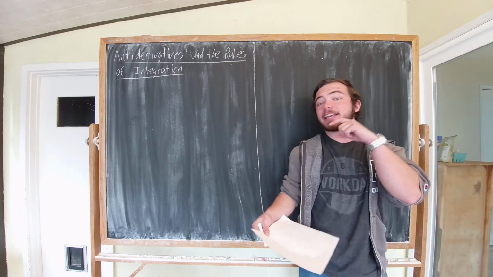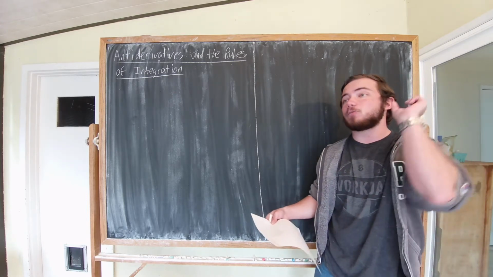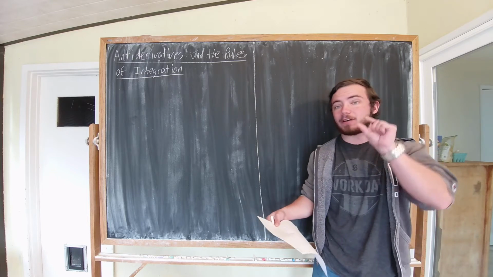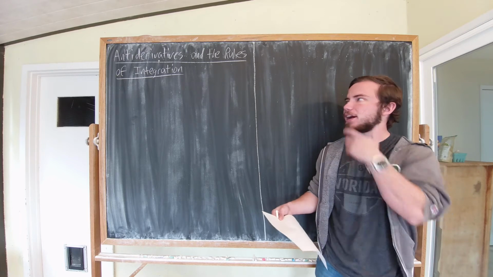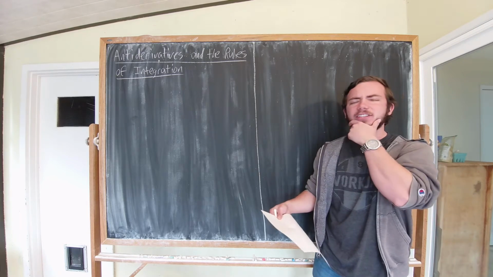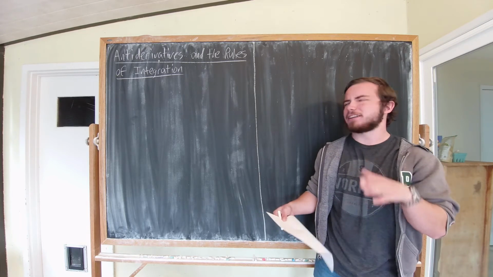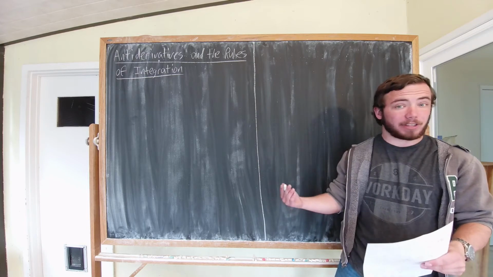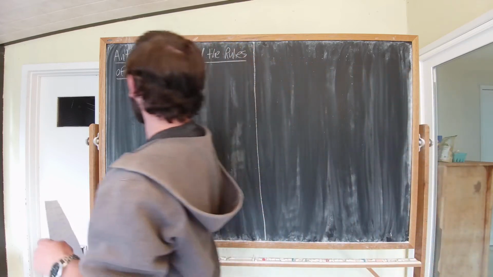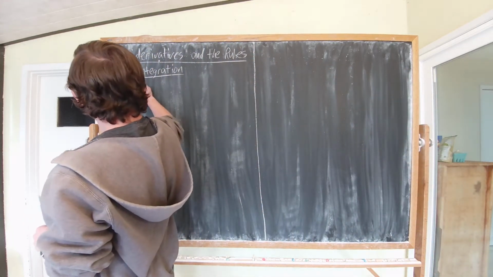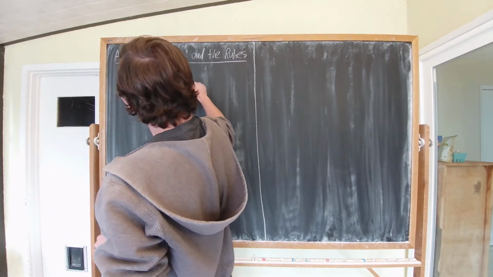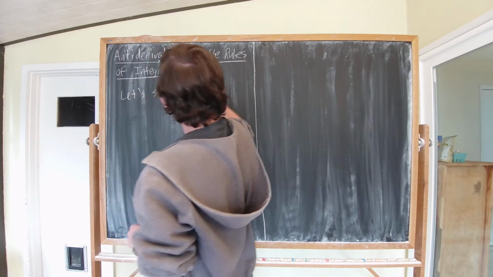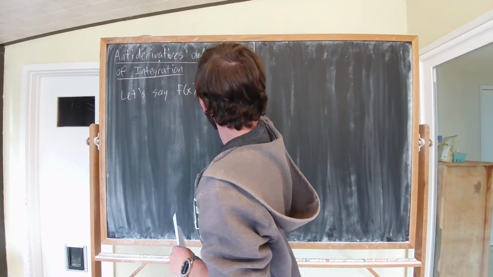For instance, if I give you a function and I say, oh, this function is the derivative of something else, is it possible to get back to something else? And the answer to that is kind of, right? Not entirely. For instance, let's say we had some function that is differentiable.